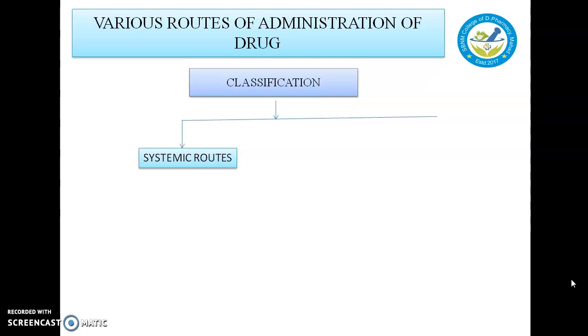In systemic route, systemic effects occur. What is systemic effect? The effect produced by the drug after being effectively absorbed in blood is known as systemic effect. It means the drug directly enters the circulatory system and then reaches the site of action.